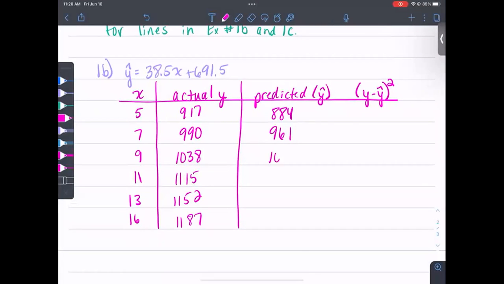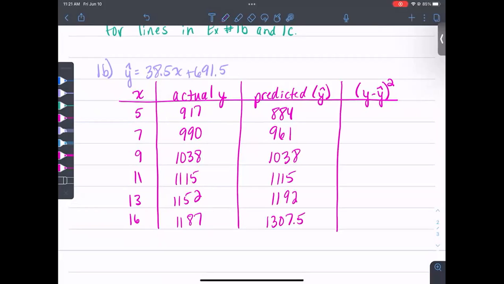At 9, I have 1038, 1115, 1192, and 1307.5. So notice the two ordered pairs that we use to make this line match exactly as they should. It takes those two data points and extends beyond those to make a line that sort of fits, and we can see how closely those values are.